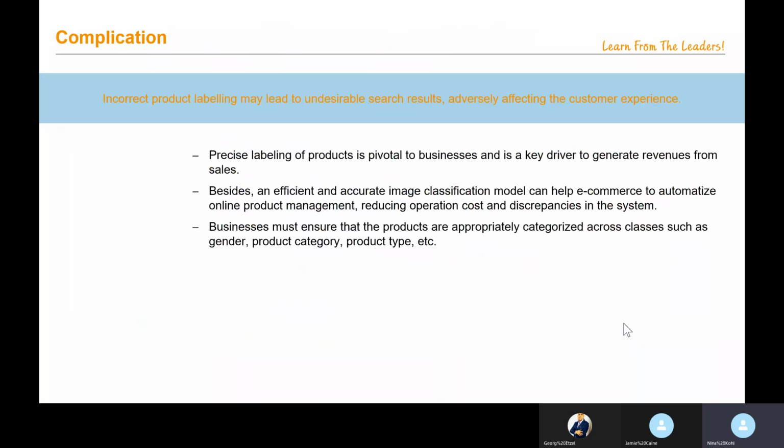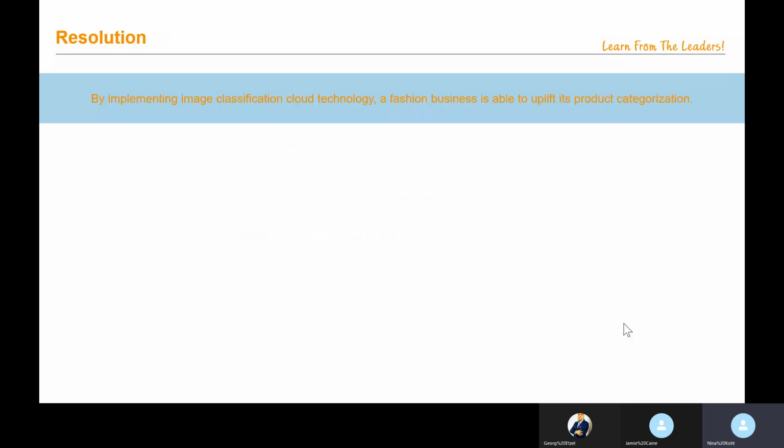And besides this, an efficient and accurate image classification model can help you and e-commerce to automate online product management, reducing operation costs and discrepancies in the system. So businesses must ensure that the products are appropriately categorized across classes such as gender, product category, product type, etc. So by implementing image classification cloud technology, a fashion business is able to uplift its product categorization.